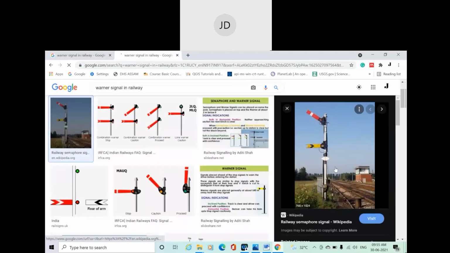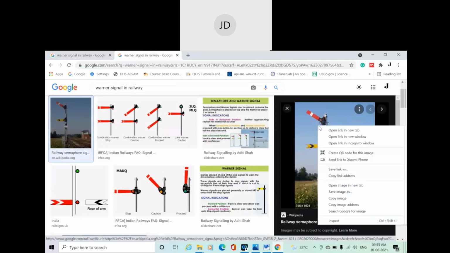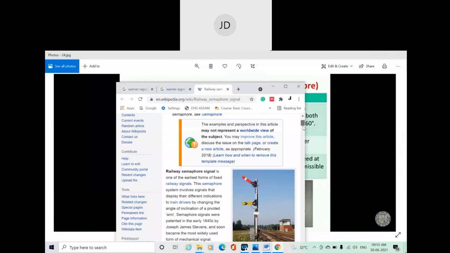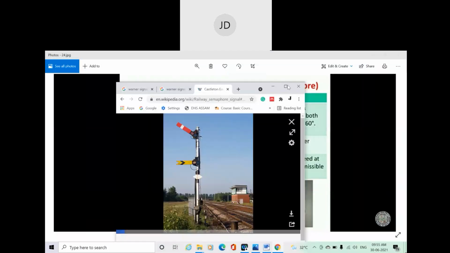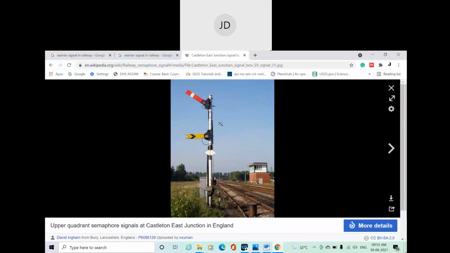Can you see this diagram? Yeah. So this is a stop signal and warner signal attached together. What kind of stop signal is this? Can anyone tell? Does this stop signal act in an upper quadrant or lower quadrant?